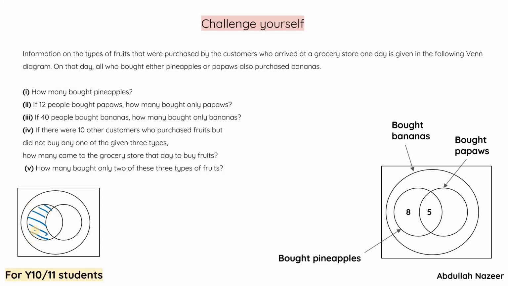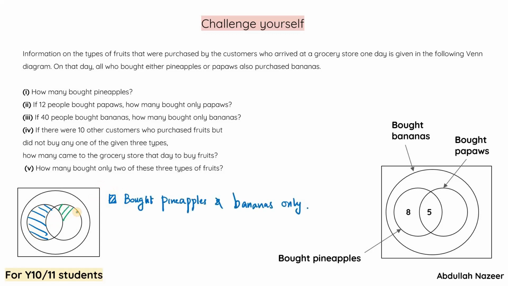So people who belong to this blue shaded region are the people who bought pineapples and bananas, but clearly not papos, because the set of people who bought papos belongs to this particular set over here, and clearly this region that I've shaded in blue is out of this set, and therefore the people who belong to this blue region definitely did not buy papos. So that blue region over there are the people who bought pineapples and bananas only.